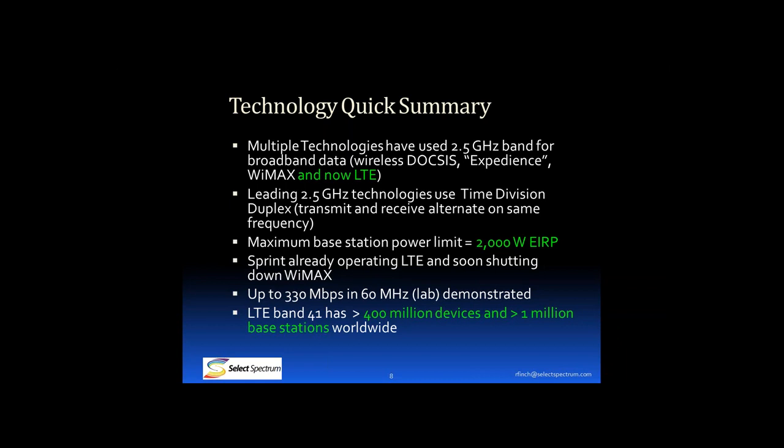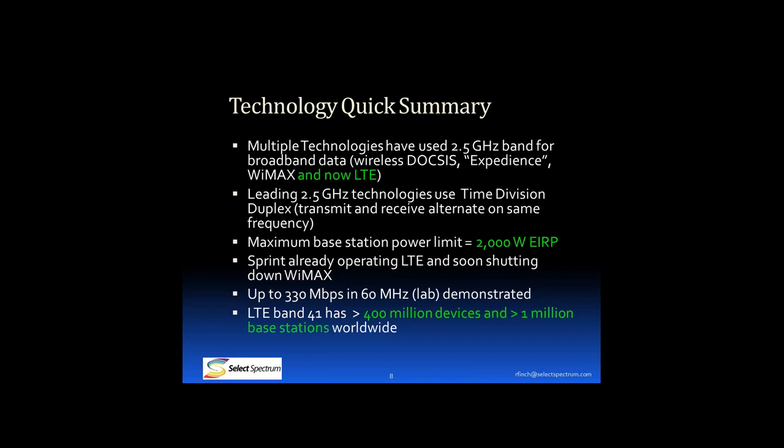But this gives the advantage that if you tend to have more downstream traffic, as most ISPs do, as opposed to upstream, you can adjust the timing of the operation so that there is more time available for downstream and therefore far more data throughput in the downstream direction. So it's more flexible than the alternative, which is called frequency division duplex.